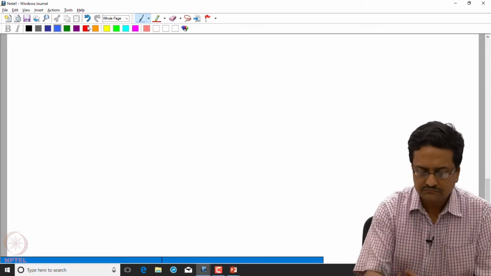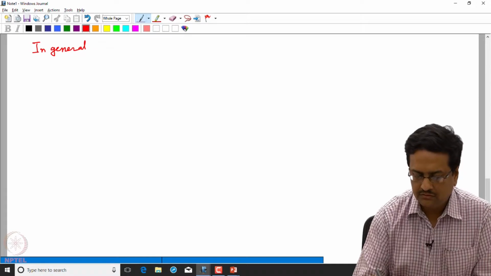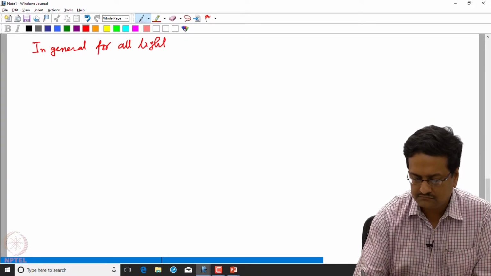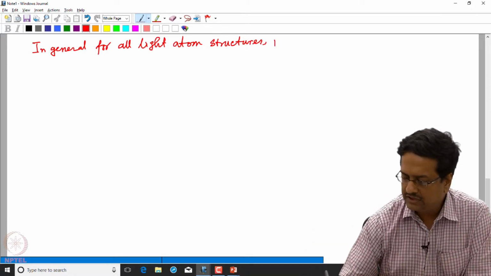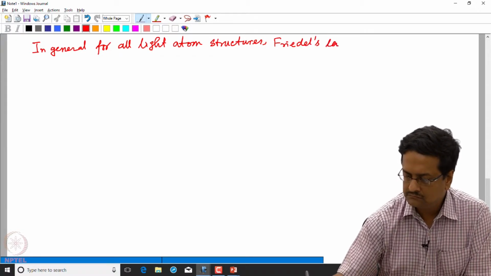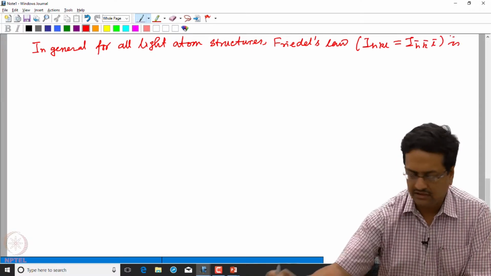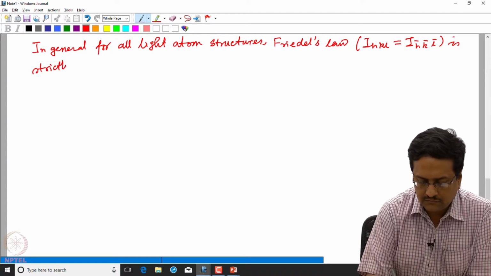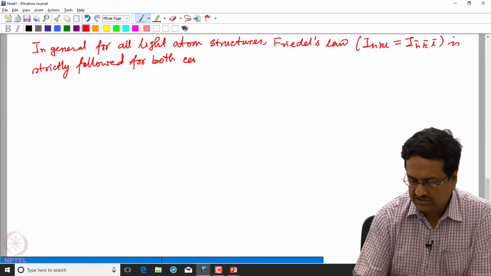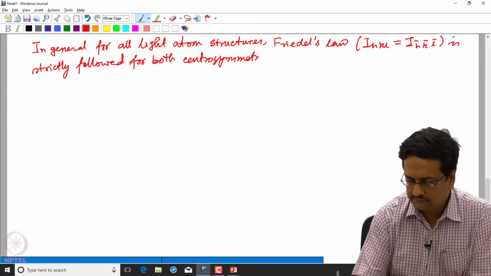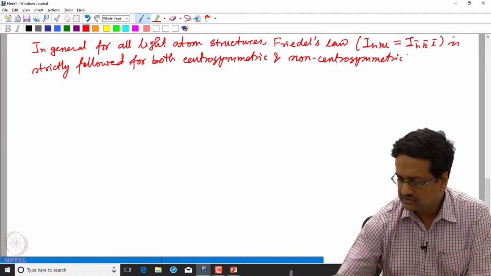What we know is that, in general, for all light atom structures, Friedel's law, that is I H K L is equal to I H bar K bar L bar, is strictly followed for both centrosymmetric and non-centrosymmetric structures.